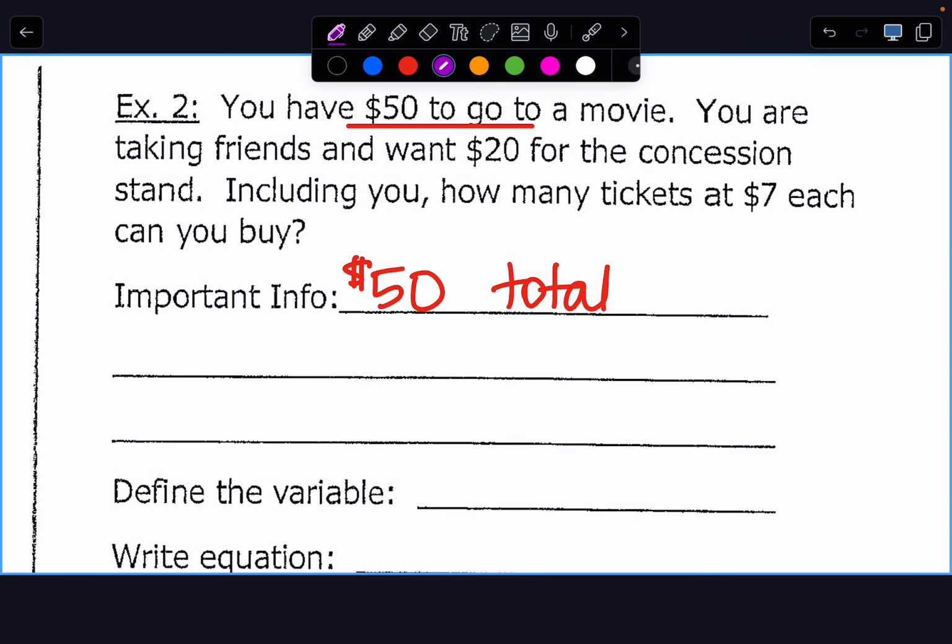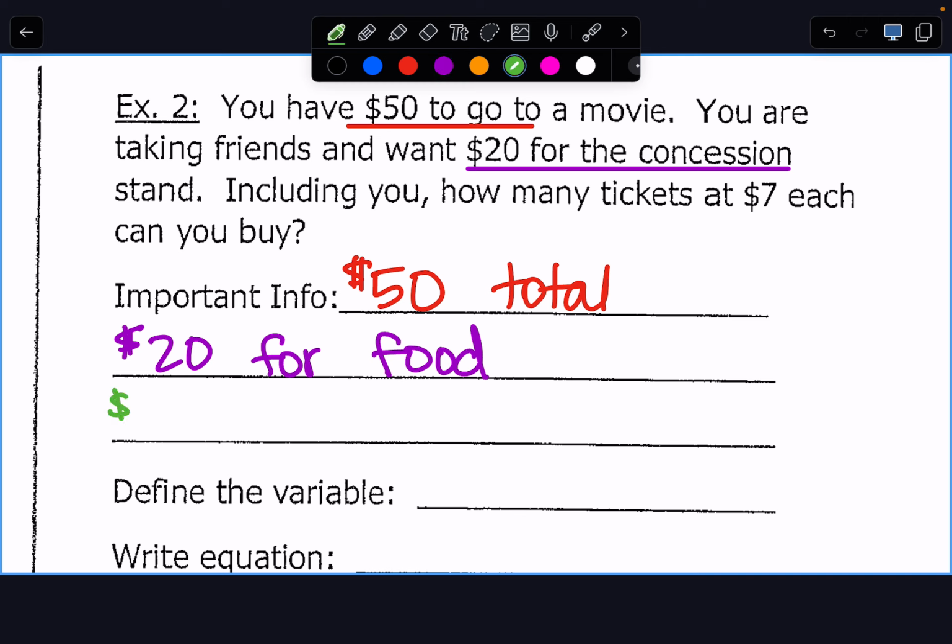Josie, what's something else that's important? $20 for concessions, food. Okay. One more piece of information that's probably important. $7 tickets.